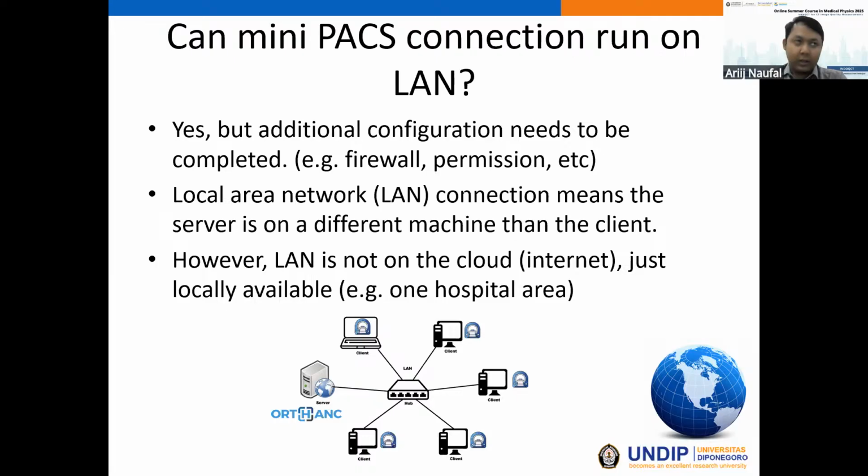So maybe the client, IndoQCT, runs on PC A, but the Orthanc server is installed on PC B. We can configure such a connection so that IndoQCT on PC A can access the server on PC B. But of course, additional configuration such as firewall and permission needs to be completed.